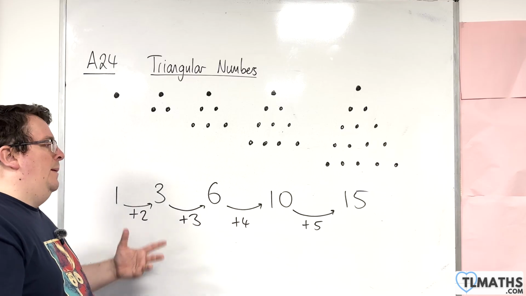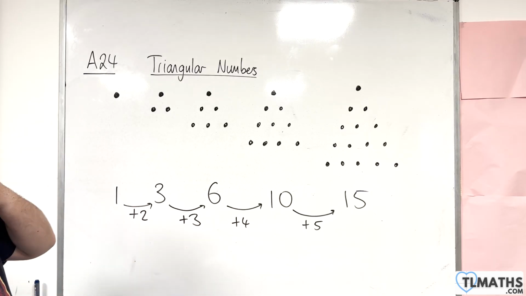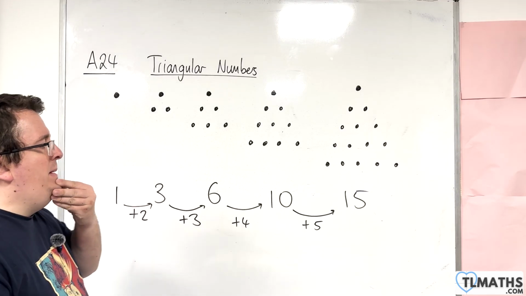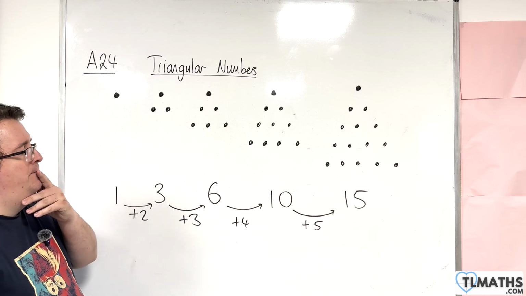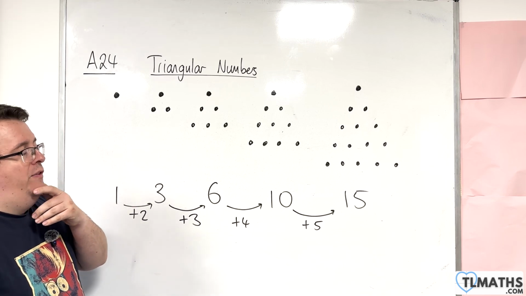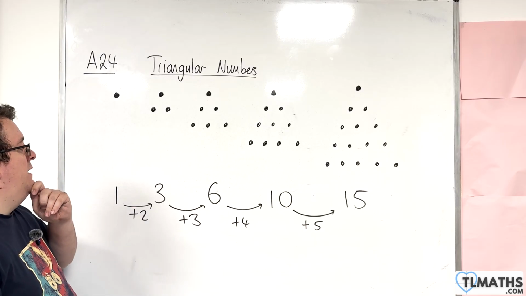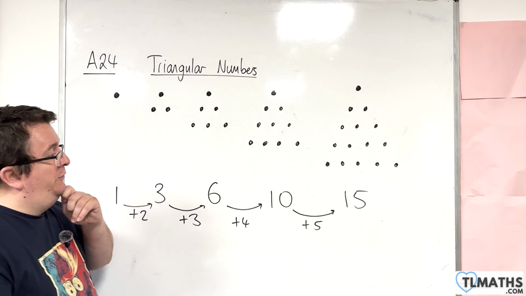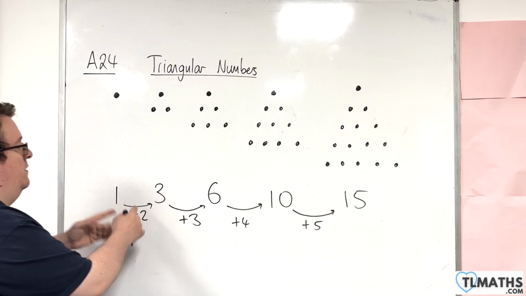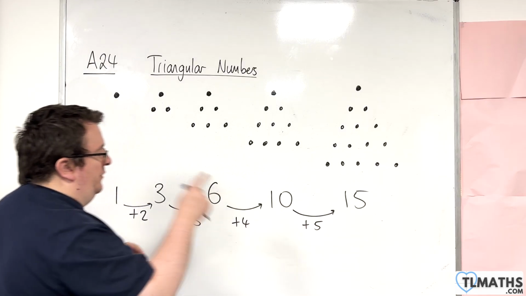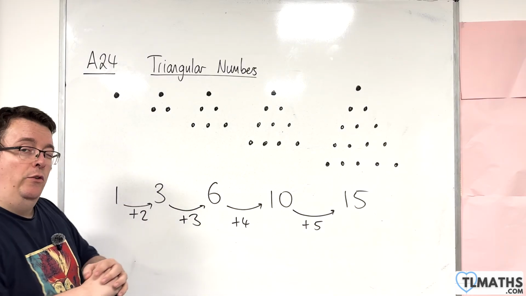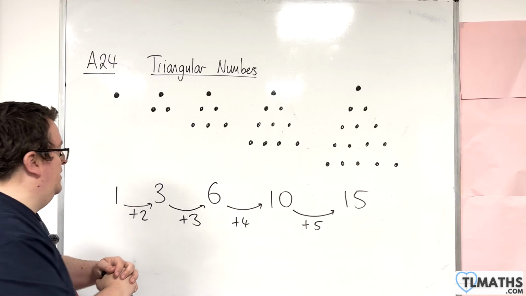Now, a couple of things to go with that. You might be asked to work with a sequence that is similar to the triangular numbers. So it could be a sequence where rather than adding 1 to the difference each time, you're adding on 2 to the difference each time, for example.